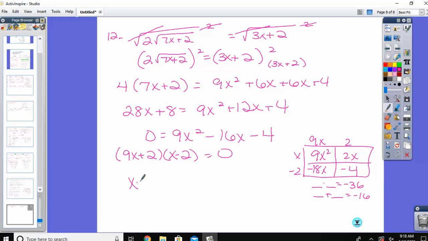Set them equal to 0, and you get negative 2/9 and positive 2. Again, you need to be checking these, but those do both work when you plug them in. Questions there?